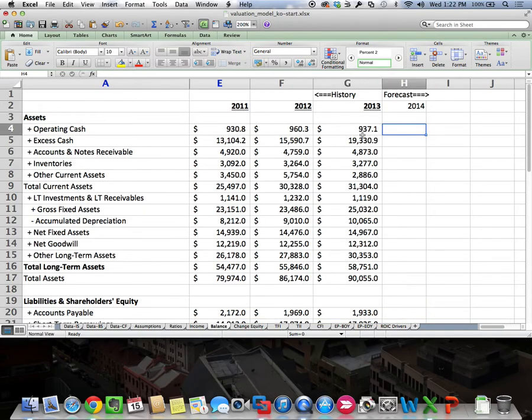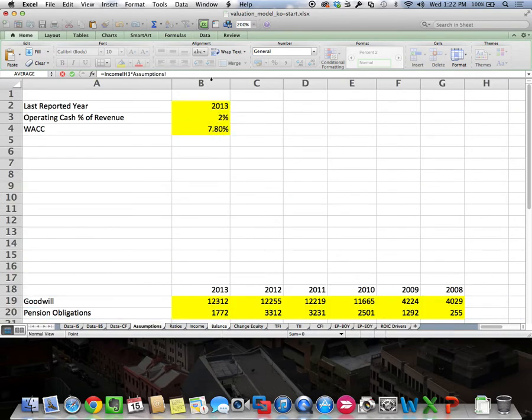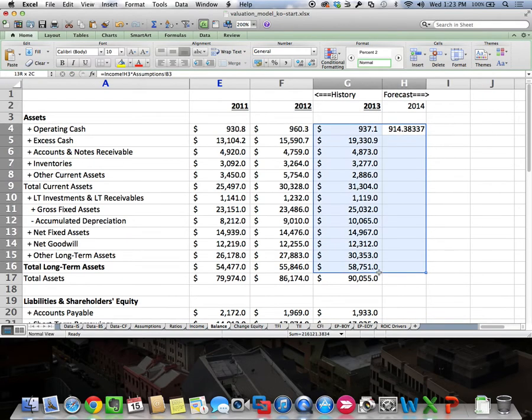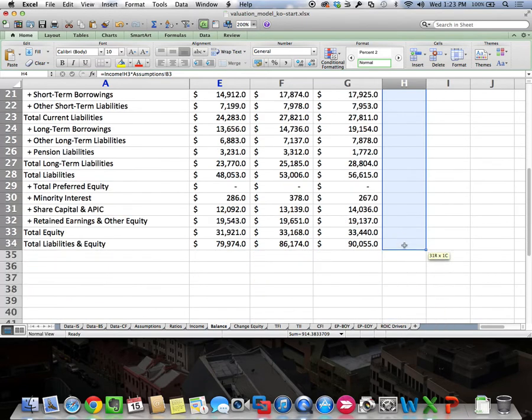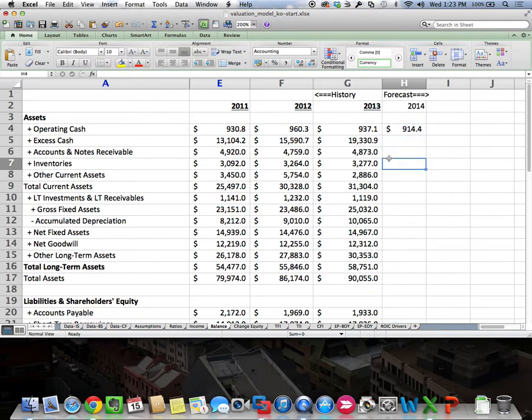So in the balance sheet for operating cash equals, from the income tab, 2014 revenue times from the assumptions tab, operating cash as a percentage of revenue. And again, I want to format this in accounting currency, 1 decimal place. Right. Now, 914.4.